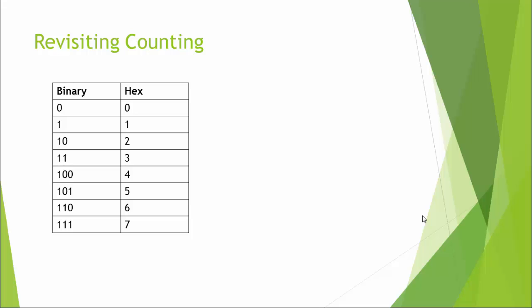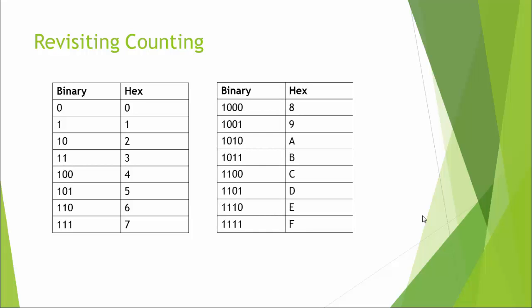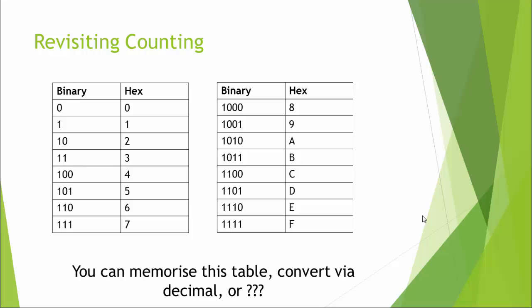So if we look at binary then, we know that we can represent with binary all of the hex numbers with 4 binary digits, adding zeros to the left-hand side where we need to. This table is so useful, you may decide you want to memorize it.